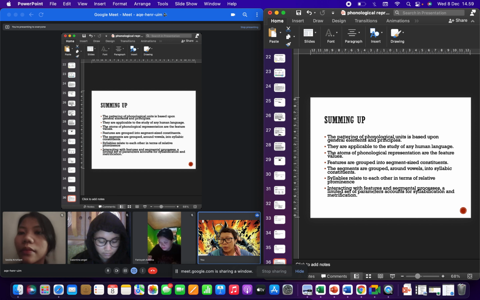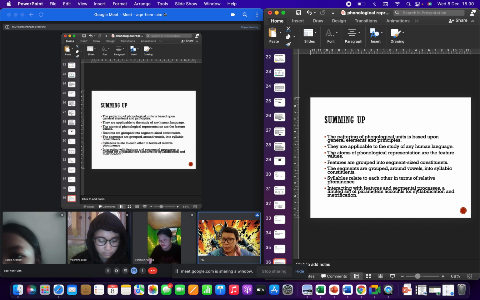Whatever sounds you learn, you will see that the sounds have their phonological representations. And also the features are grouped into segment-size constituents, and then we can say that the segments are grouped around the vowels, or around the syllabic constituent, or around different features.